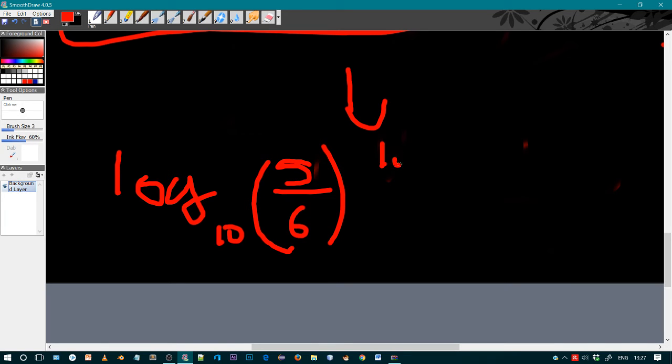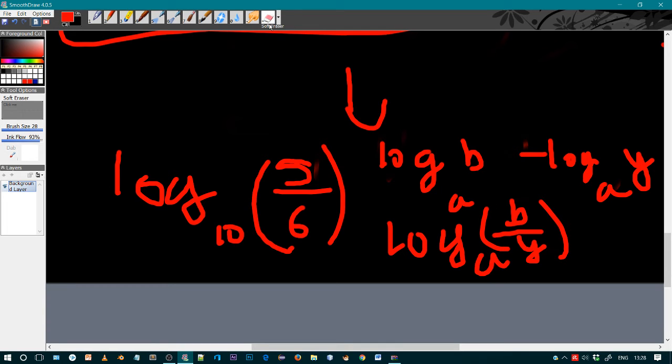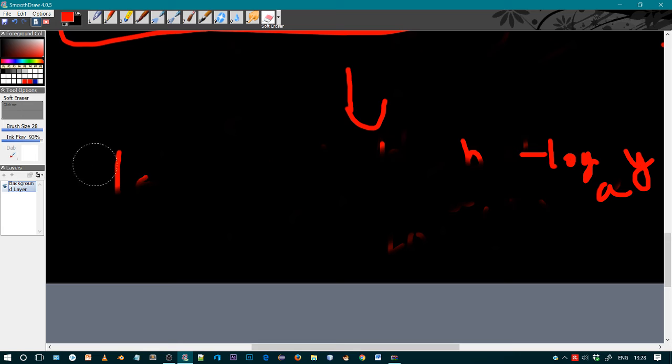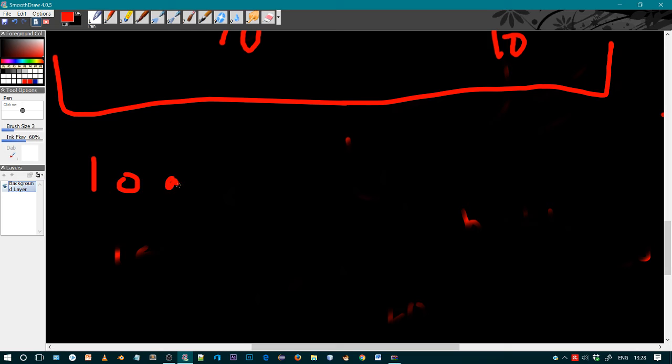So for example, log a base b minus log a base, for example, y, can be written simply as log of b over y. This is one rule. And similarly, if there would have been a plus sign in between, it would be log base 10 of 5 into 6.